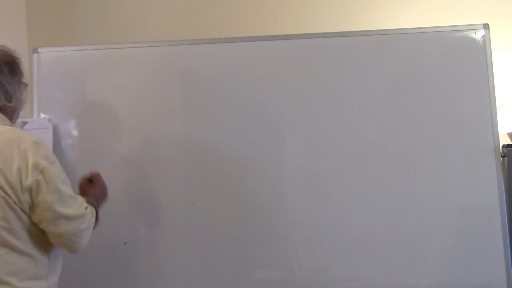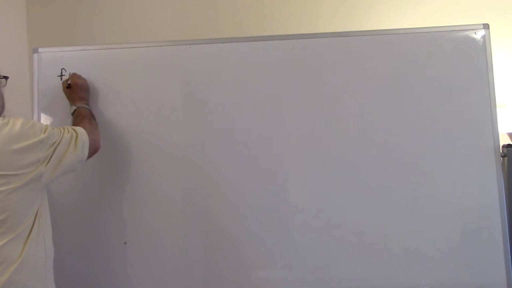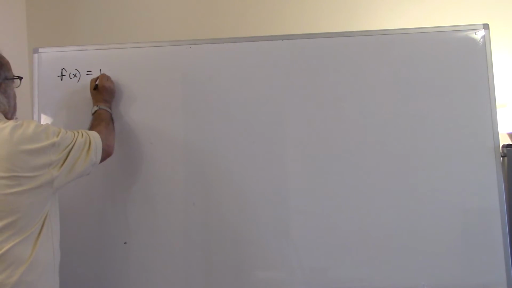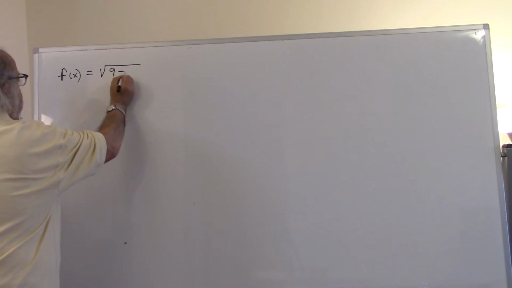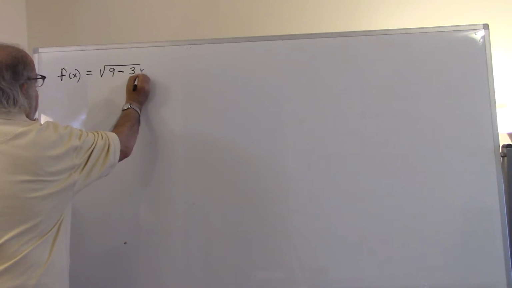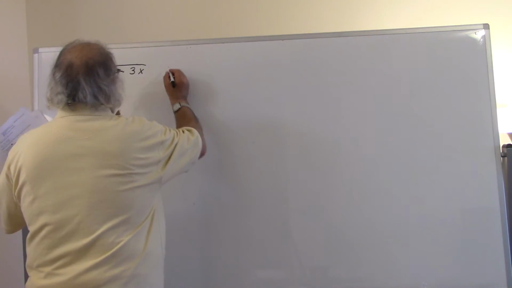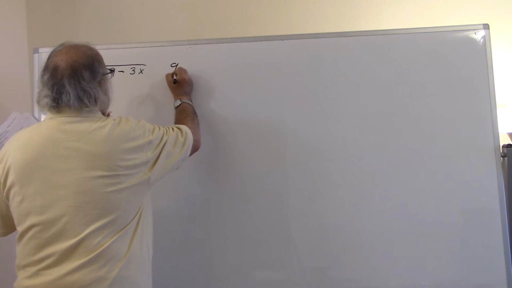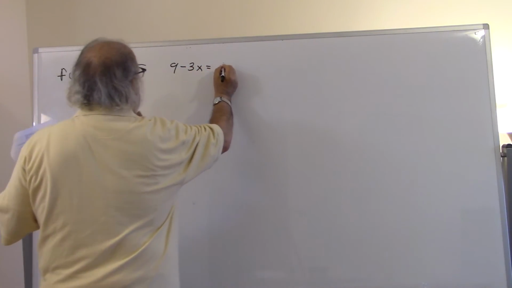All right, here we go. f of x equals 9 minus 3x. Get rid of this here and just put down 9 minus 3x equals 0.